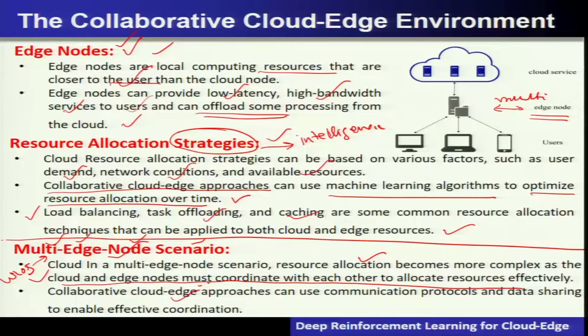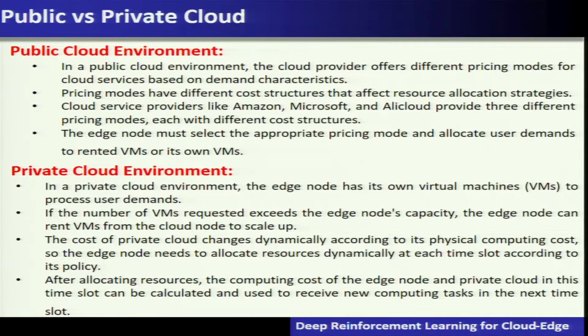The collaborative edge approaches, the cloud edge approach, can use different communication protocols and data sharing to enable effective conditions. Let us understand another aspect, that is, after the cloud there is the aspect of public and private cloud. The public cloud environment is a part of the cloud environment in a cloud edge environment.